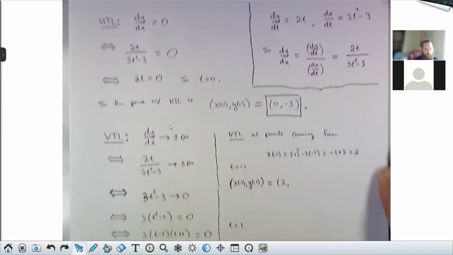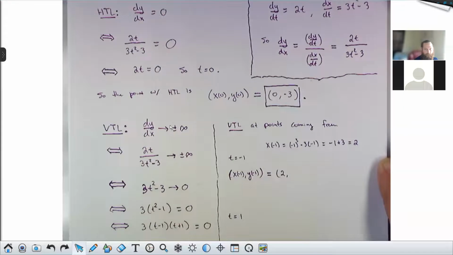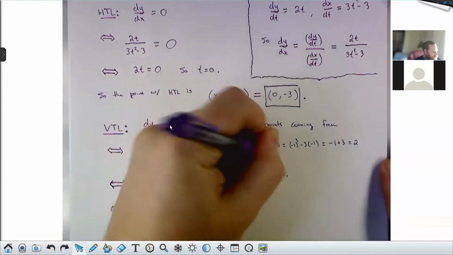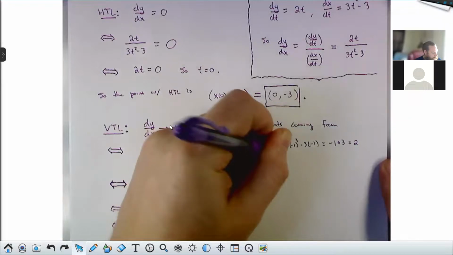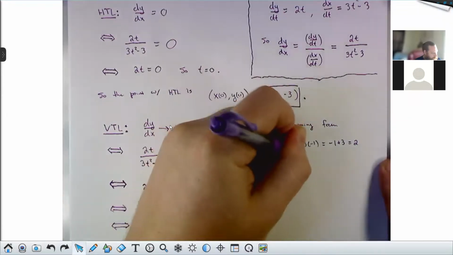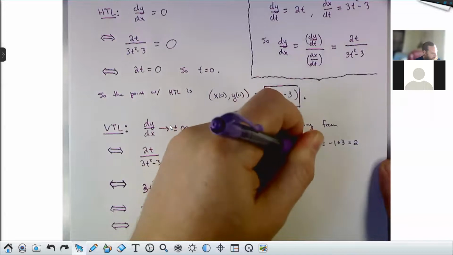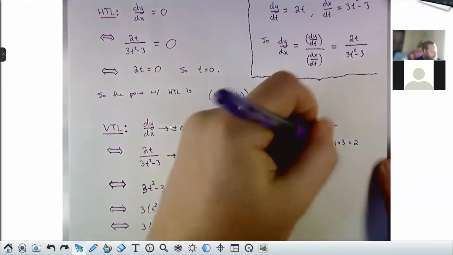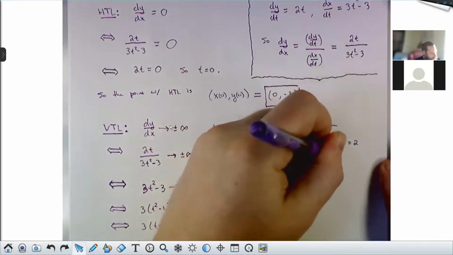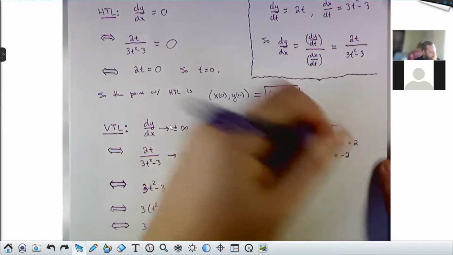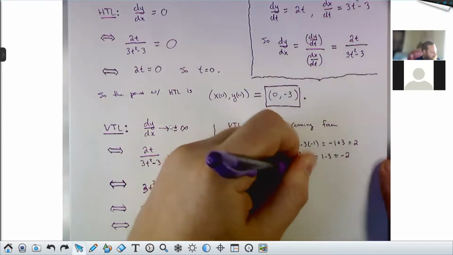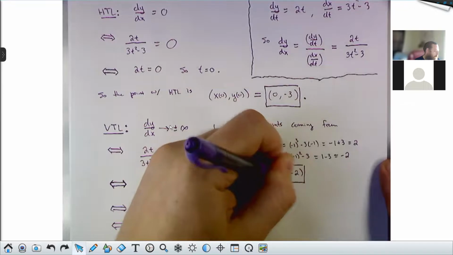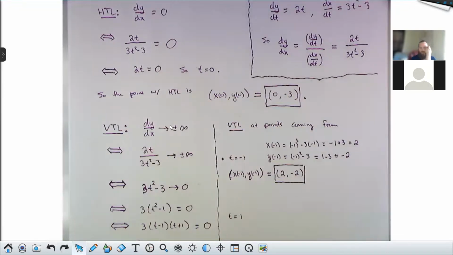Let me do it this way, that way I can keep everything nice and big. The y coordinate is going to be y of -1, which is -1 squared minus 3. -1 squared is +1, so this is 1 minus 3, which is -2. So that first point with a vertical tangent line is the point 2, comma, -2.